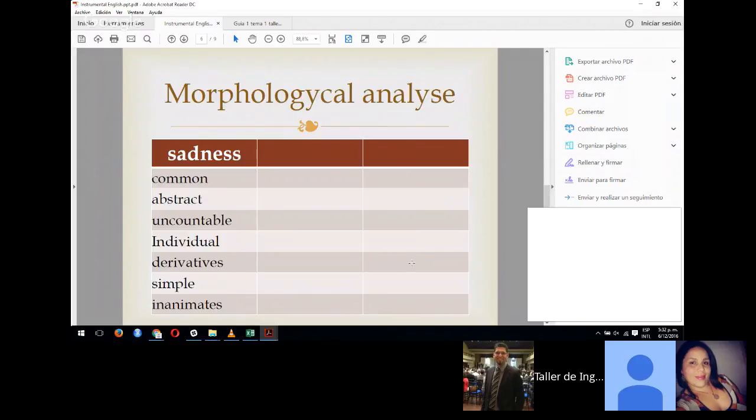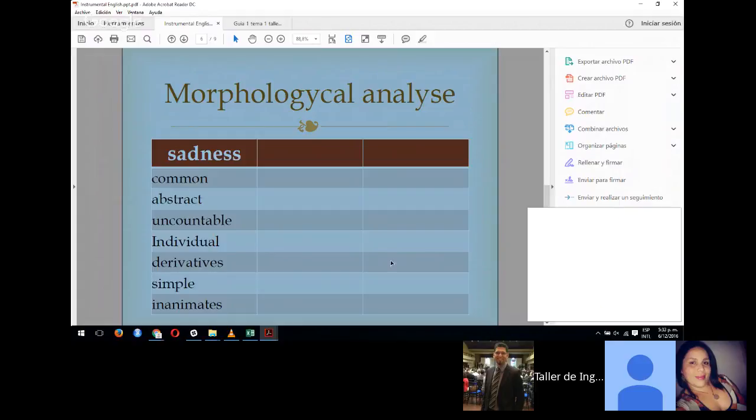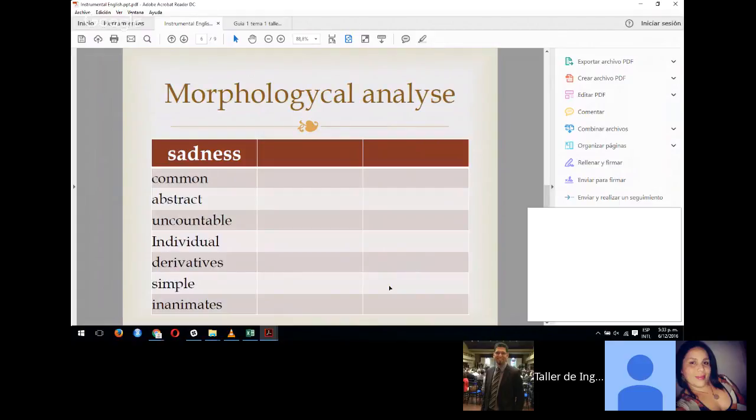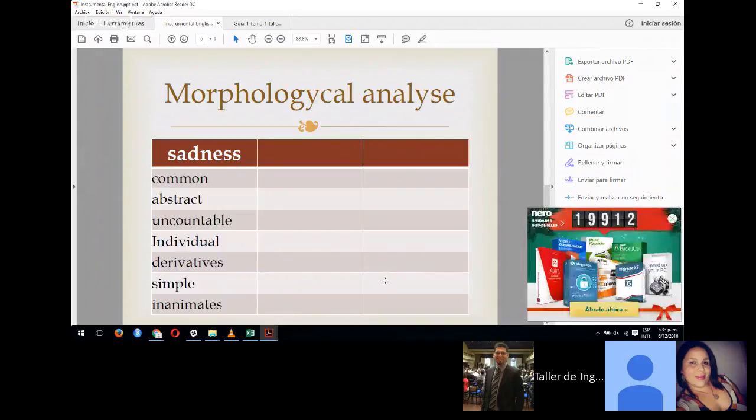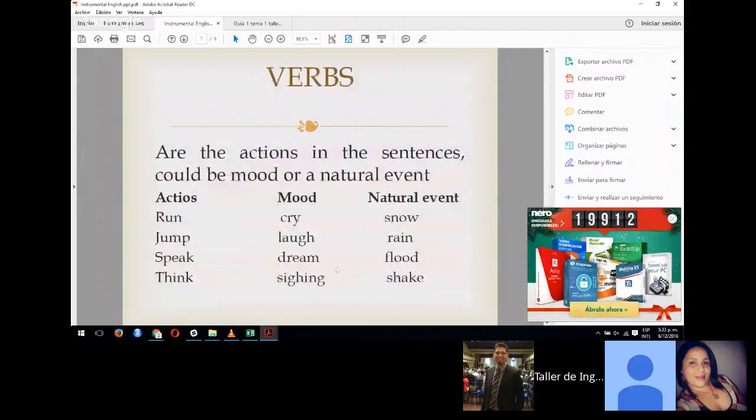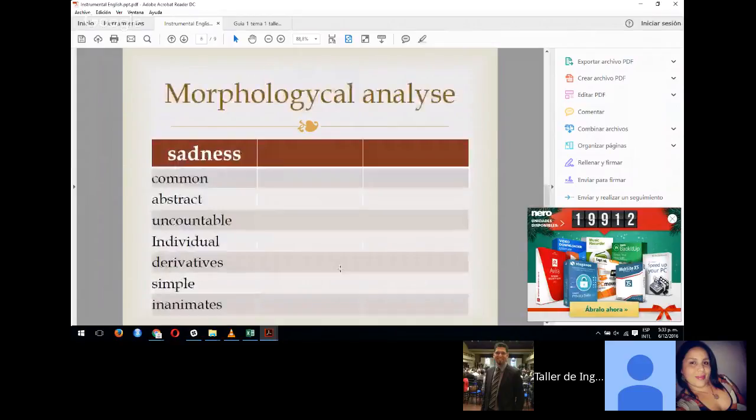Is it derived or primitive? It's a primitive noun. Is it simple or compound? It's a simple noun. Is it animate or inanimate? It's inanimate because it doesn't have life. It's not a human being.